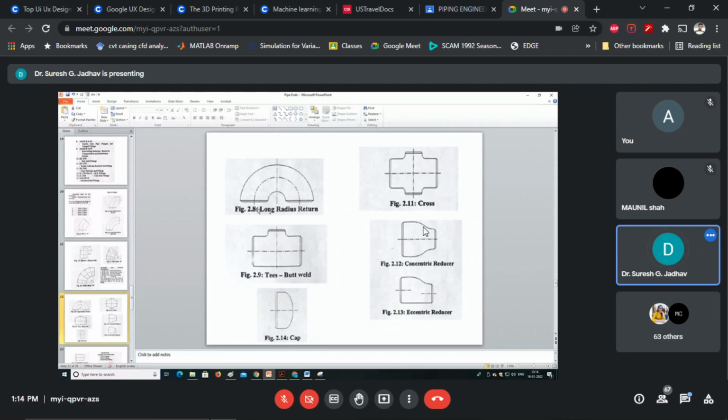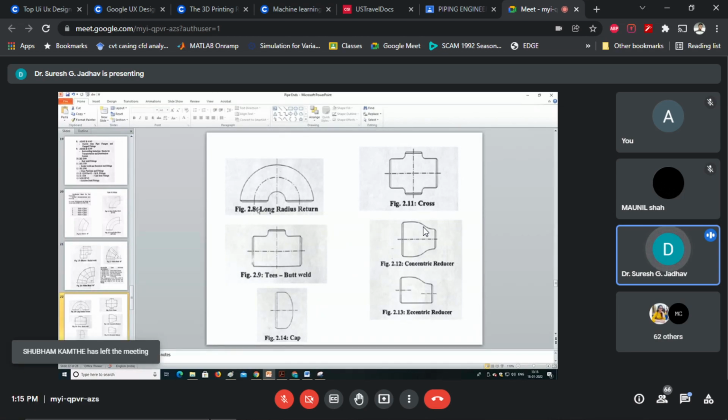With the help of a return we change the direction through 180 degrees. This is mainly used in heating coils, heat exchangers. Returns with R equals 1.5 into D and R equals 1 into D are available.